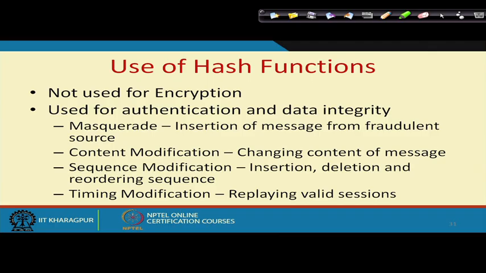If the sequence numbers are changed, then the application data will be arranged at the receiver side in a manner so that it looks irrelevant. It is also associated with modifying the time, so that valid session transactions over the internet can be repeated.